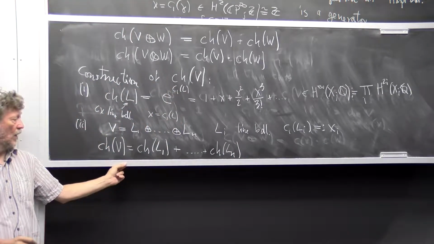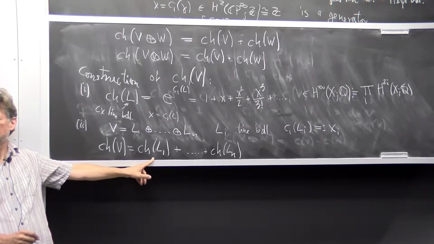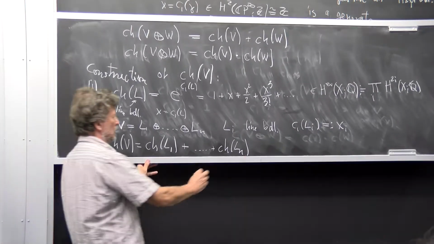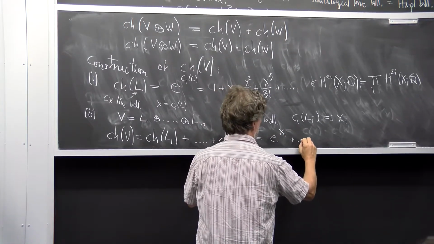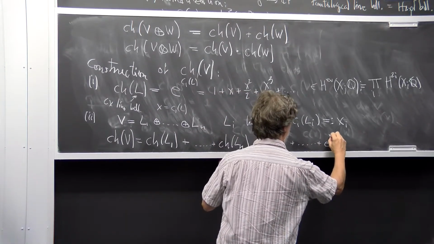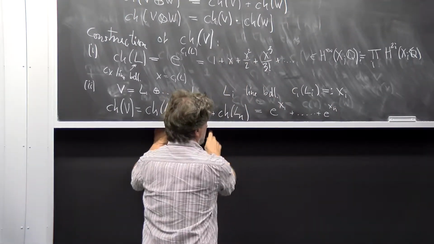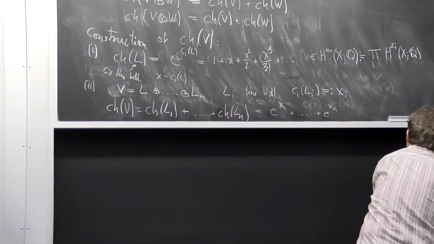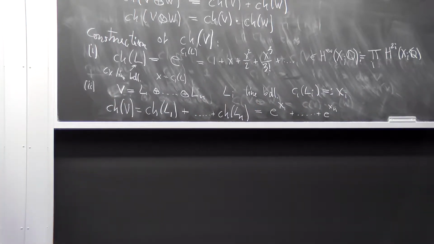Now, each of these we already know what they are, right? They are e to the x1 and so forth, e to the x1 plus ... plus e to the xn. All right. So we also know how to write it down for vector bundles that happen to be a sum of line bundles.